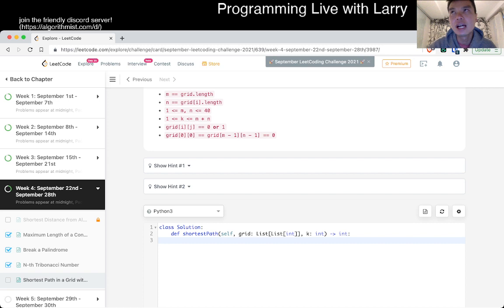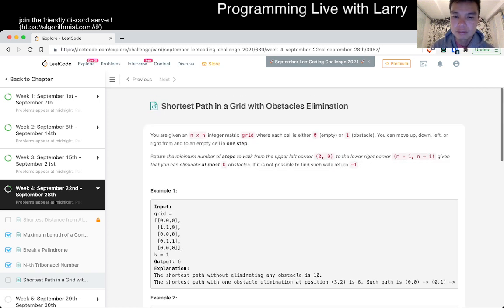And actually, is it breadth-first search or Dijkstra? That's what I'm trying to think. No, I think breadth-first search should be good enough because you're still returning the minimum number of steps.